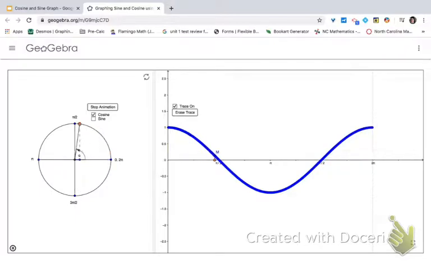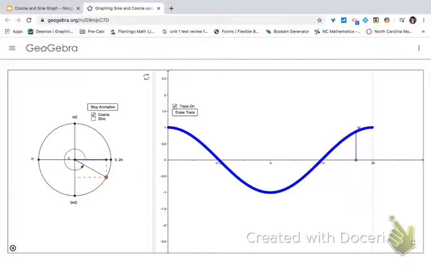I'm going to let this keep going. So we're looking at the x values as it relates. As the orange dot is going around, here we're in the first quadrant, my x's are positive, then we go into the second quadrant, they're negative. Third quadrant, x's are negative. Fourth quadrant, x's are positive. So if you notice, we almost have this wave that appears on the right-hand side.